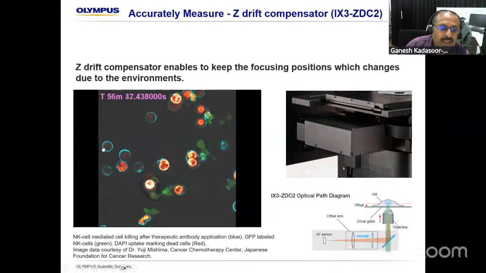In this case, the rounded ones are the cancer cells, and the green ones are the natural killer cells. Initially, when the cancer cells are in healthy condition, they will have a blue boundary, and this blue boundary is a cue for the natural killers to identify these are the cells that I need to go and attack.